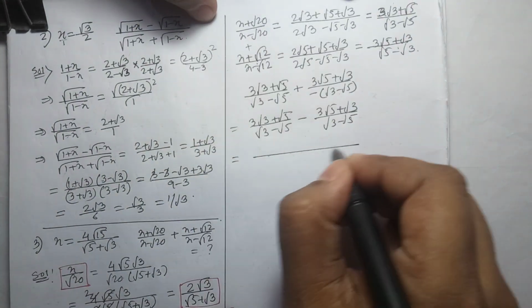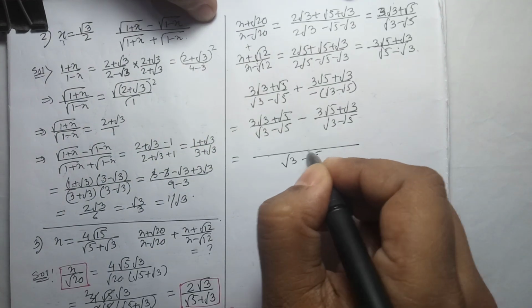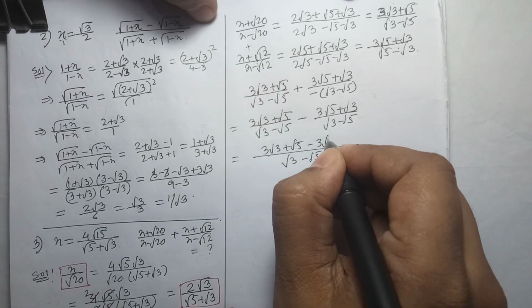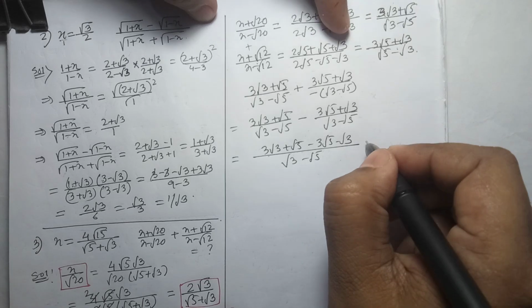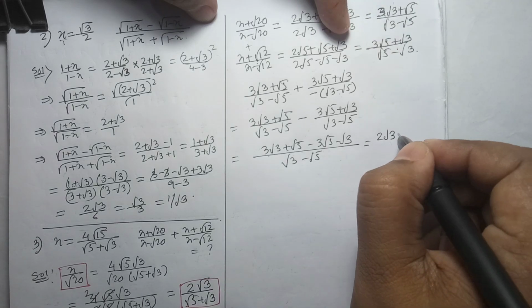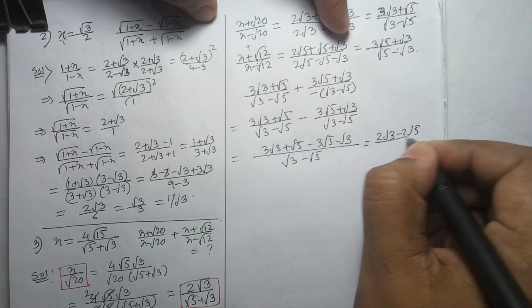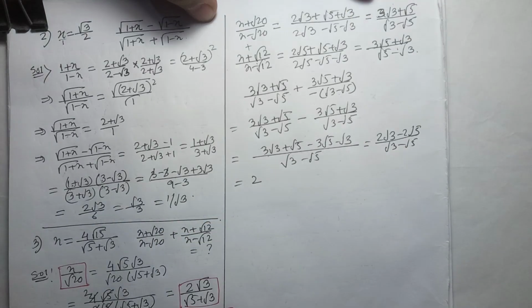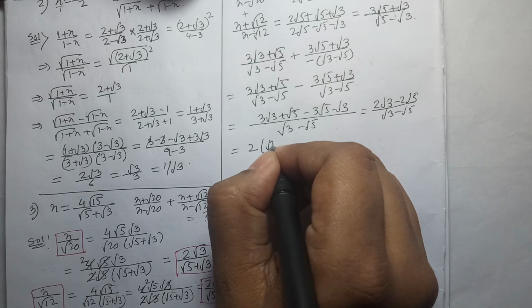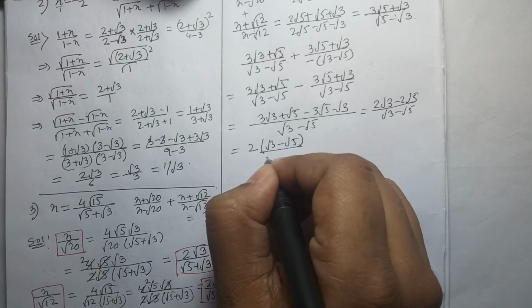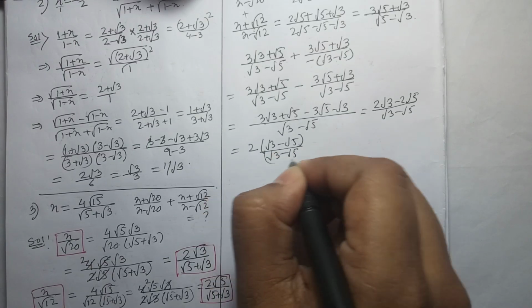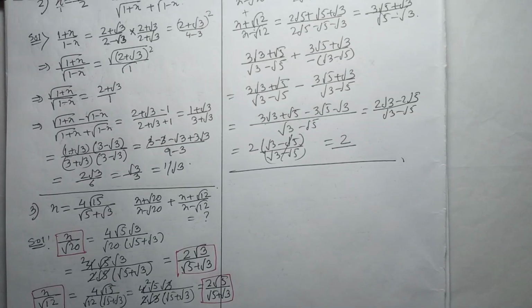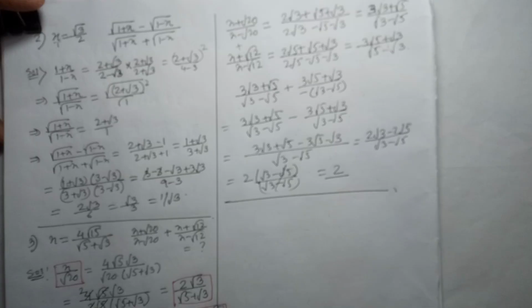This will give me root 3 minus root 5, 3 root 3 plus root 5 minus 3 root 5 minus root 3. So this is 2 root 3 minus 2 root 5 by root 3 minus root 5. 2 I take common, so it will be root 3 minus root 5 by root 3 minus root 5. Cancel, the answer is 2. Okay, clear?